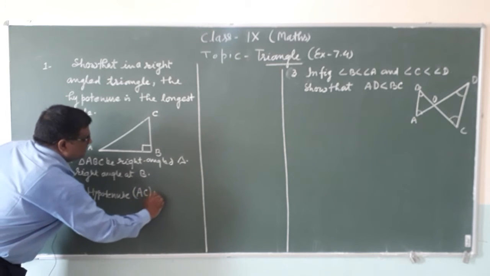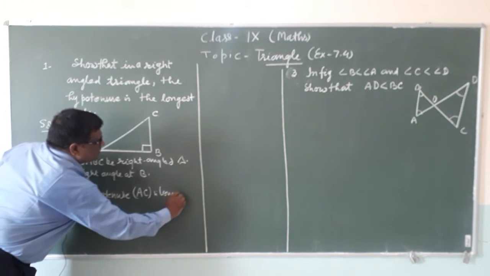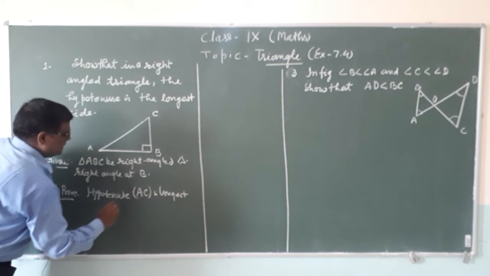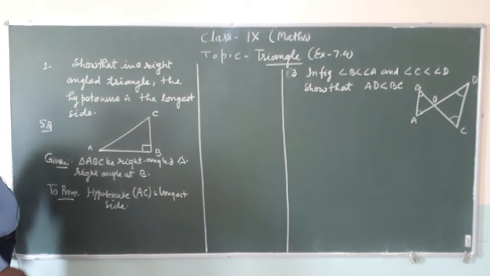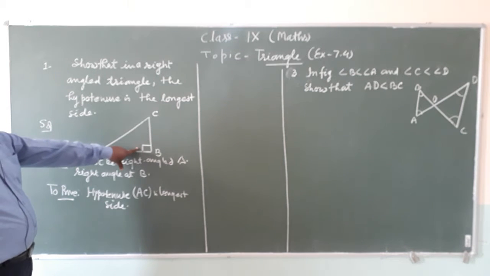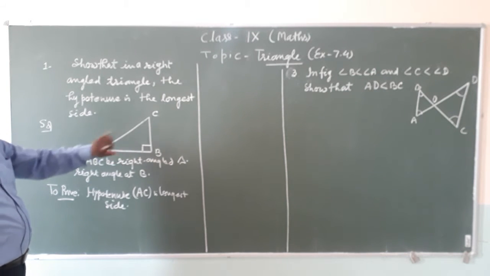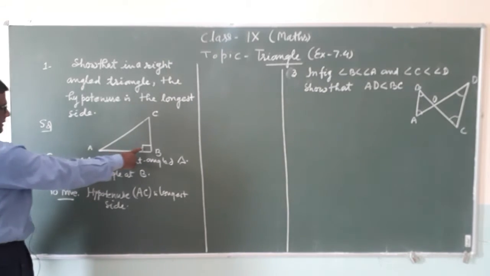AC is the longest side. So first of all, in this triangle, angle B is 90 degrees.